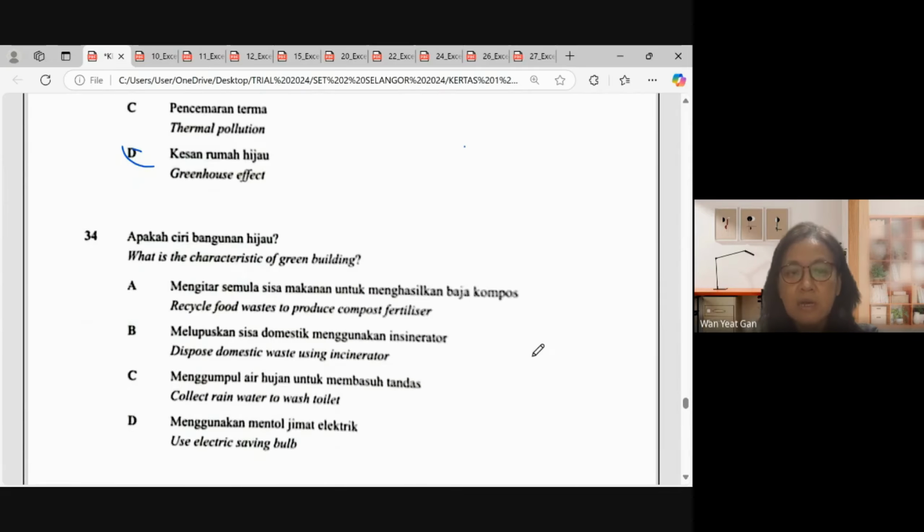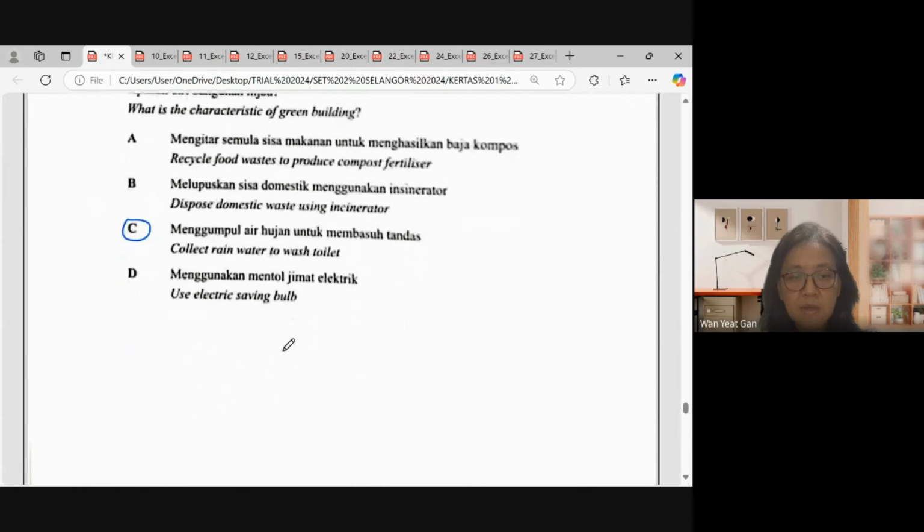One way to do this is to collect rainwater to wash the toilet or wash the floor, so that we reduce the usage of tap water, which is clean water. So we want to save water. So the answer for 34 is C. 35.